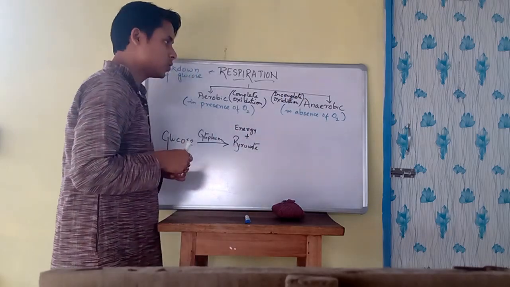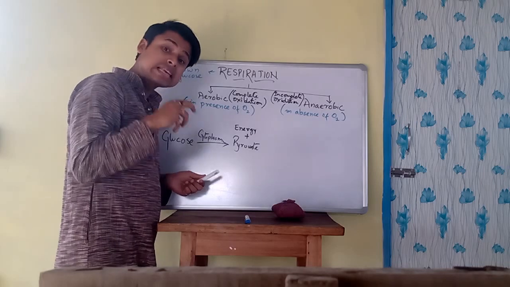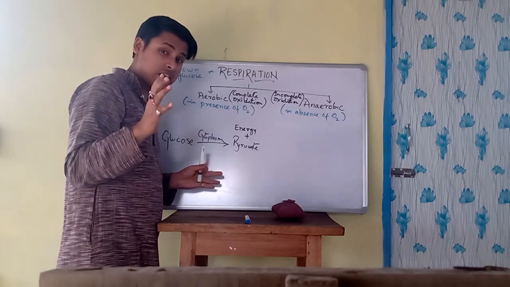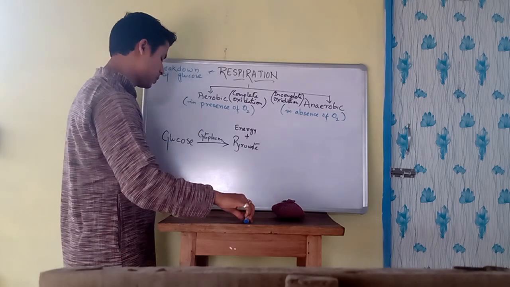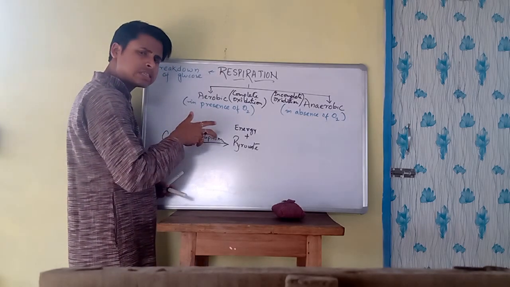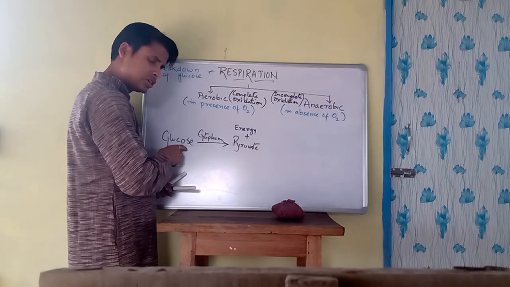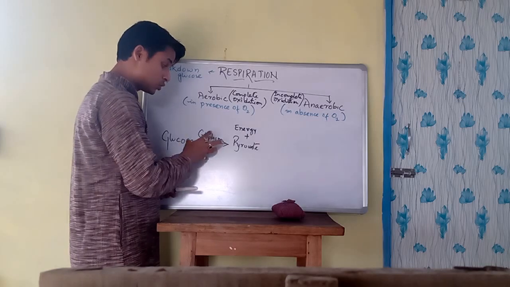Right? So how does this glucose break down inside our cell? Because it is happening inside the cell, remember that. So we will see that. When glucose reaches the cell, it enters the cytoplasm. Remember, cytoplasm.